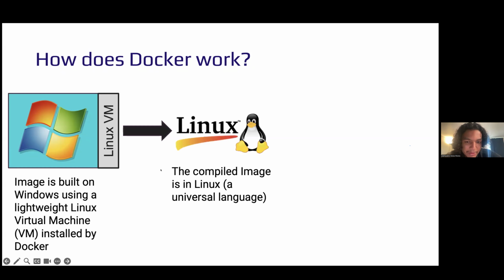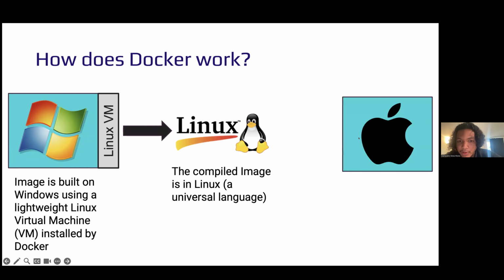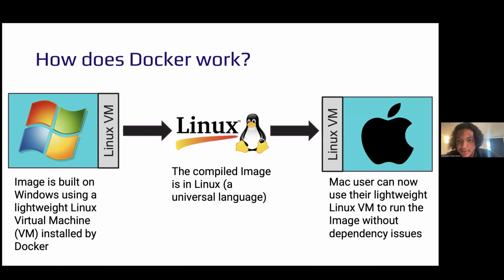Once your compiled image is made, it'll be in Linux, which is kind of this universal in-between language. And then a Mac user will also have installed Docker, so they'll also have this lightweight Linux virtual machine, and they'll be able to run this image without any dependency issues or any OS issues, because they have this Linux and Docker interface.